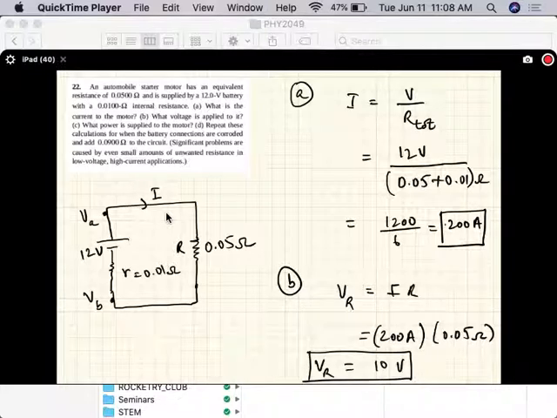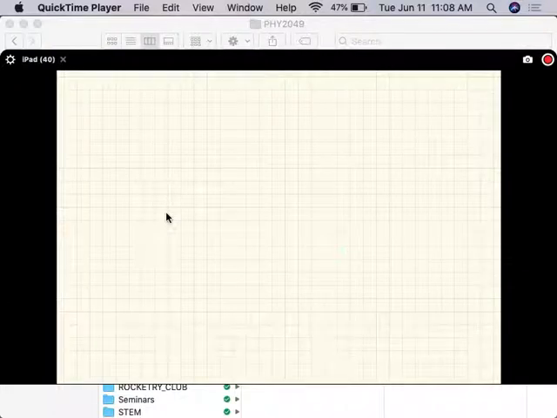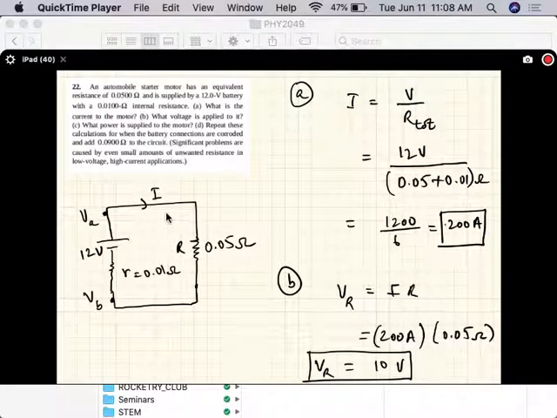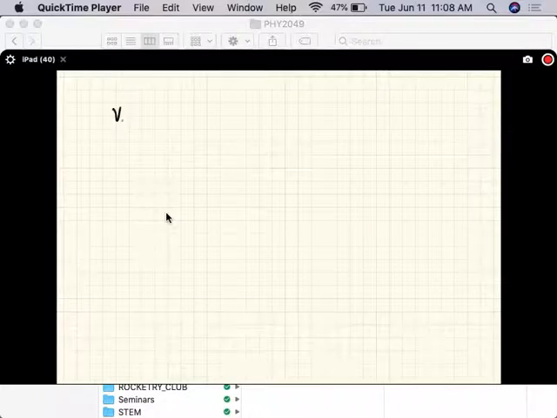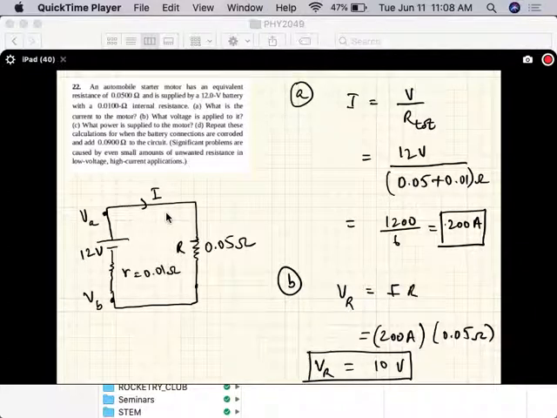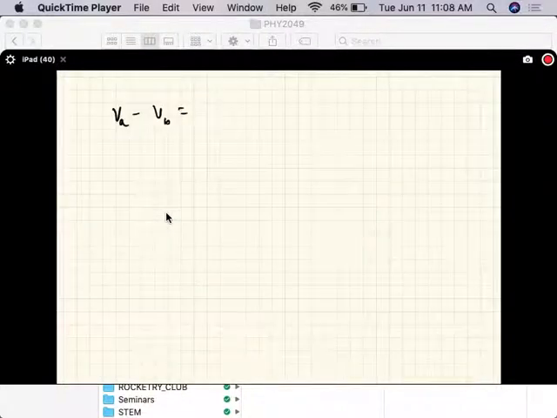Now let me show you this in a different way as well. VA minus VB is also equal to, so we'll use Kirchhoff's rule. Current is flowing in this direction. So when you flow with the current, the voltage drop across it is negative. So that's minus IR.